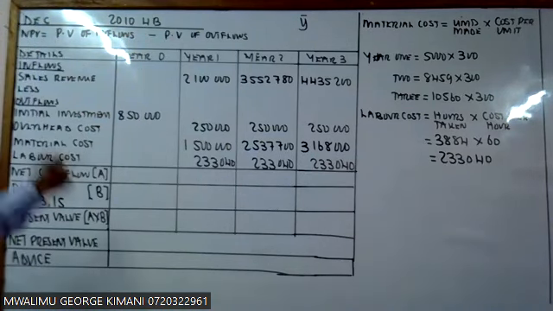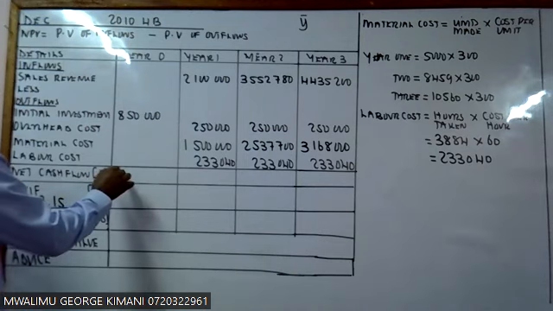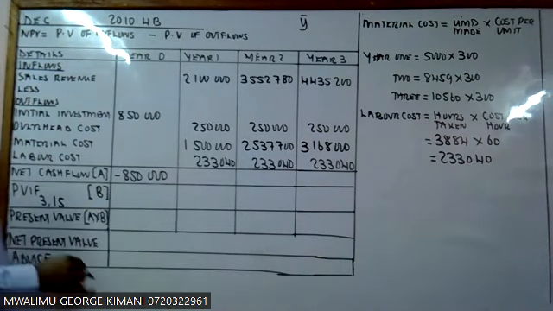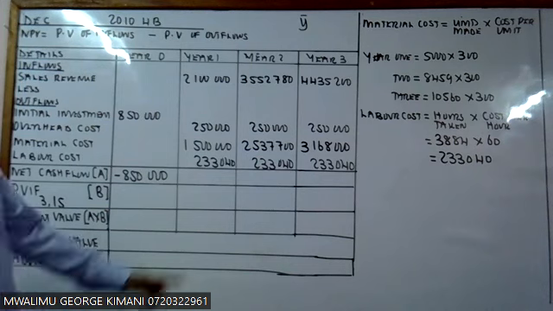Now we can get to our net cash flow. This one is straightforward. It is negative 850. Now the trade.